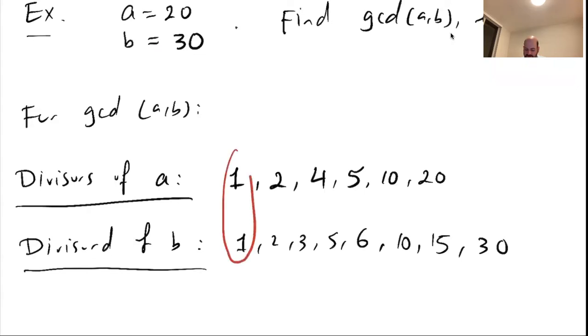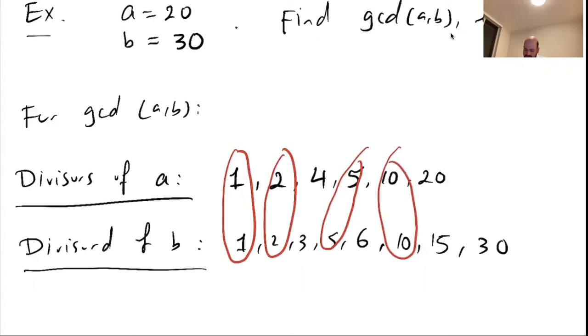So 1 is a common divisor. 2 is also a common divisor. Common means a divisor for both numbers. So 1 is a divisor for both, 2 is a divisor for both, 5 is a divisor for both, and 10 is also a divisor for both. So these 4 numbers are common divisors.